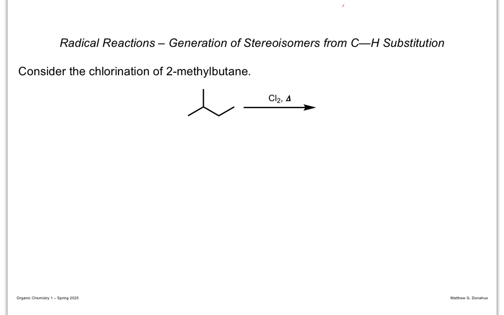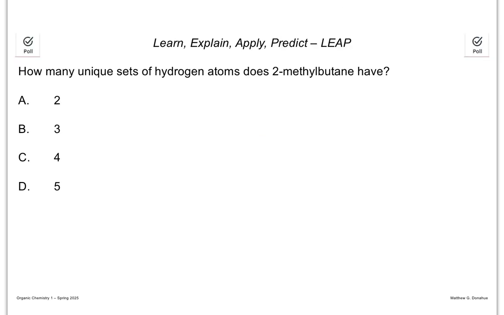Let's consider 2-methylbutane. 2-methylbutane under chlorination. How many unique sets of hydrogen atoms does 2-methylbutane have?